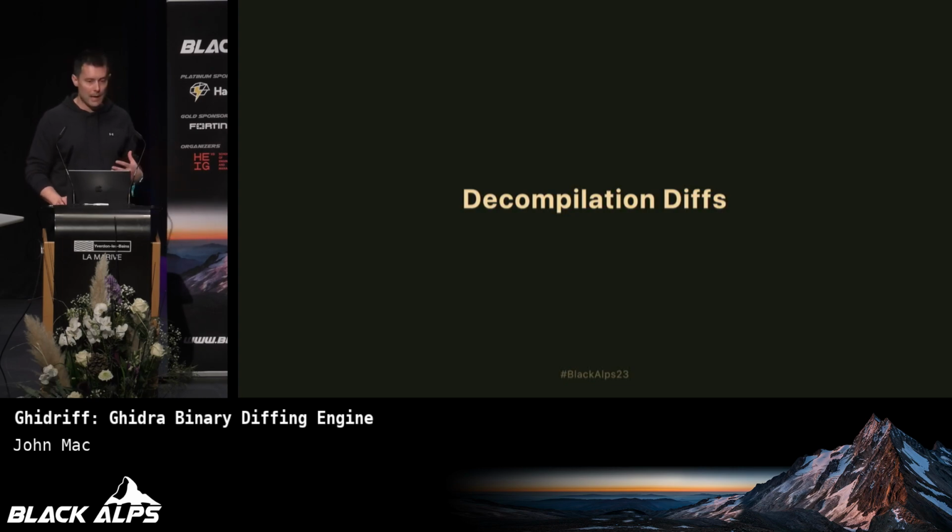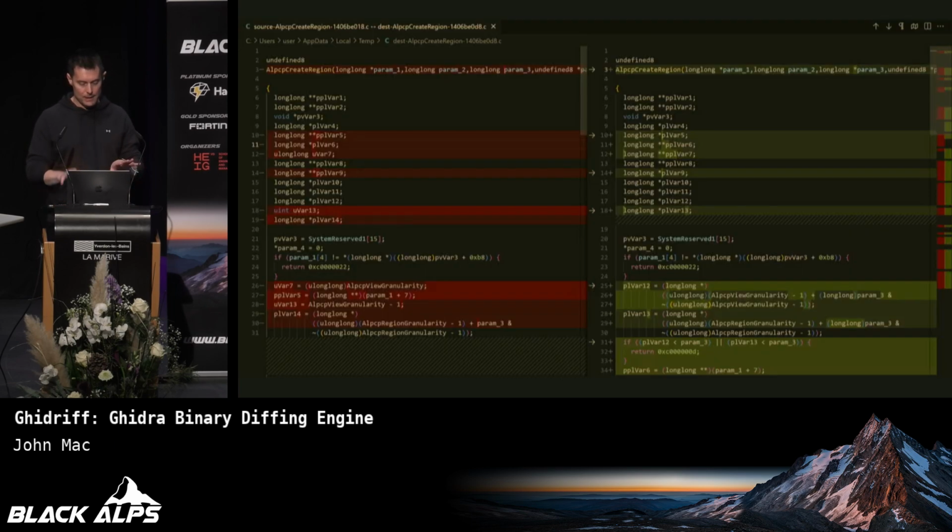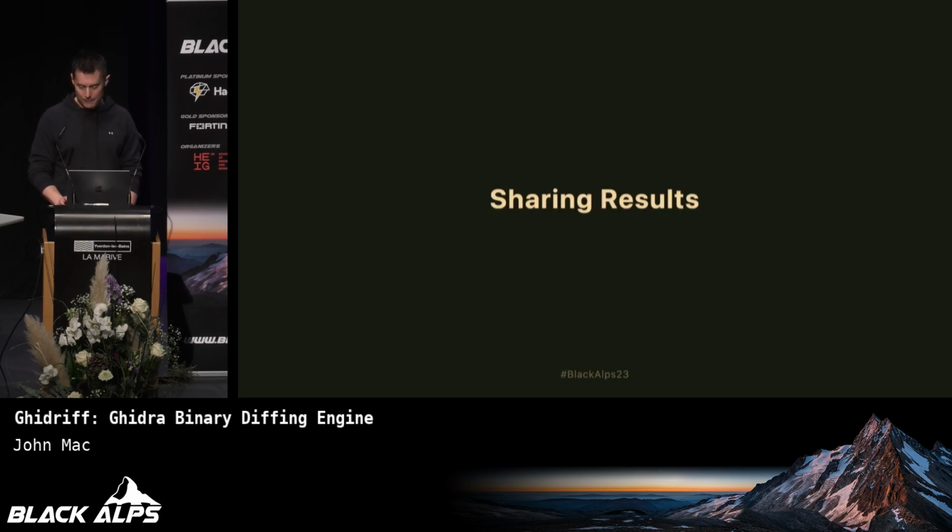Now in Ghidra, I don't have that side-by-side diff view. What I was doing was taking the code browser from both sides and copy-pasting that into VS Code and then looking at diffs. And that diff looks nice there, but again, manually copy-pasting those out is pretty painful. And then the sharing of the results.